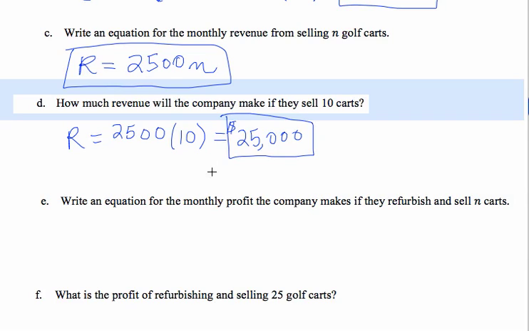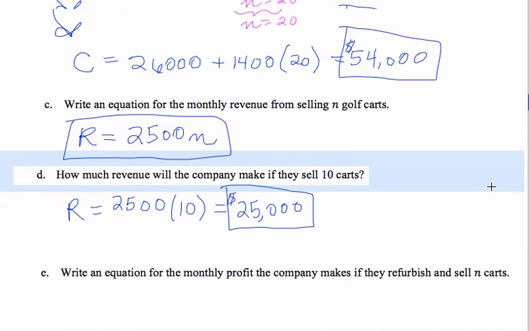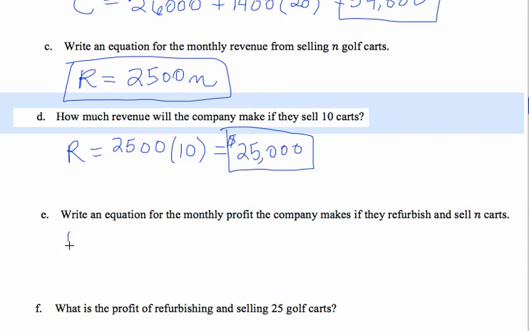Next, let's write an equation for the monthly profit the company makes if they refurbish and sell N carts. Okay, remember profit is the amount of money you bring in, revenue, minus the cost. Let's write that out. In fact, write it every time until you have it memorized. Profit is the revenue minus the cost.